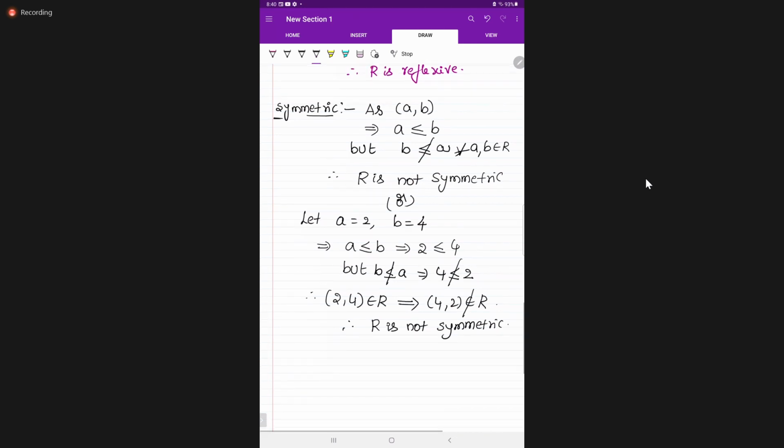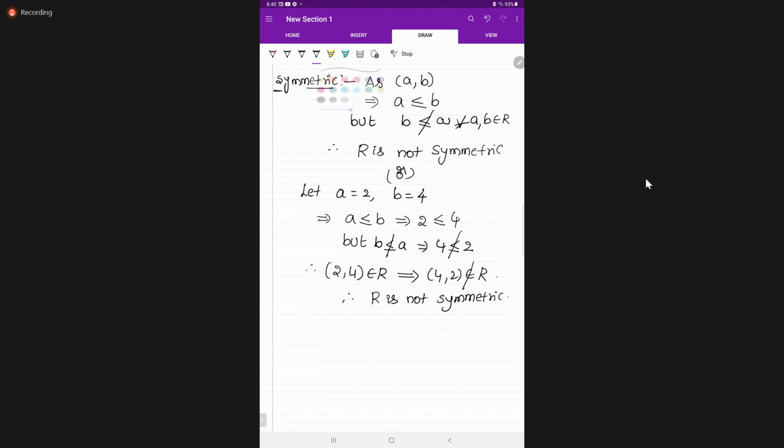Next one is transitive. As (a, b) belongs to R and (b, c) belongs to R, that is nothing but a is less than or equal to b and b is less than or equal to c.